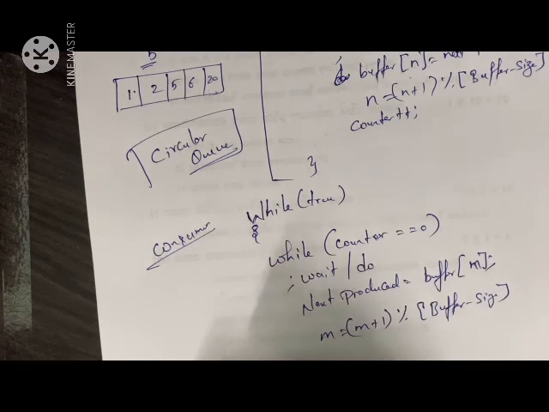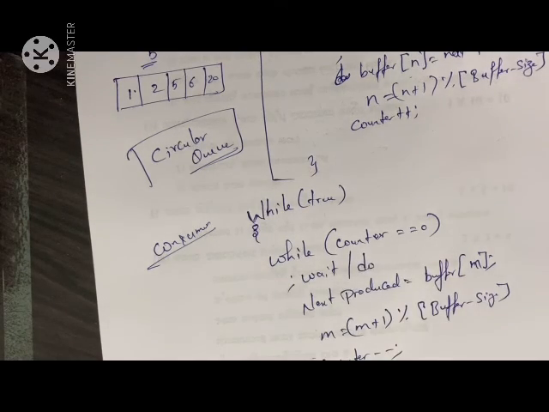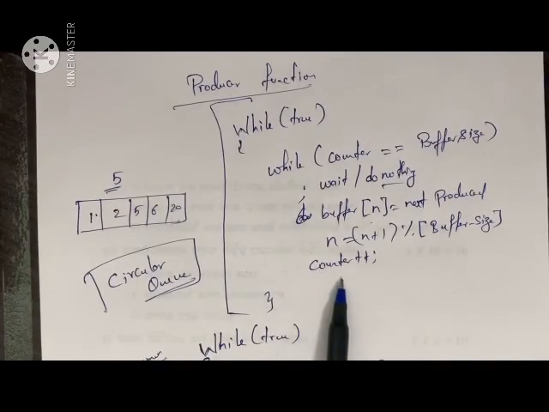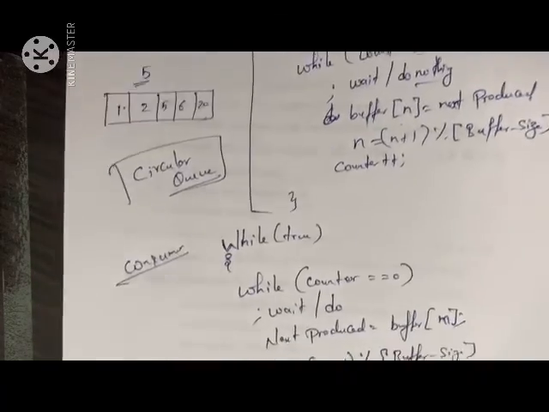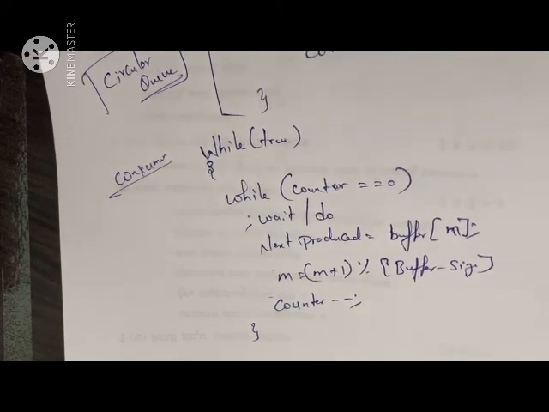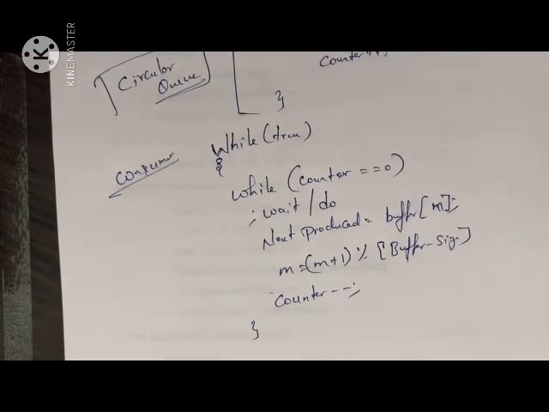And at last I will decrement the counter value, because I have taken one element from the buffer. Previously, whenever I added an element, the counter was incremented; whenever I take an element, the counter will be decremented. So this is how we solve the producer and consumer problem.